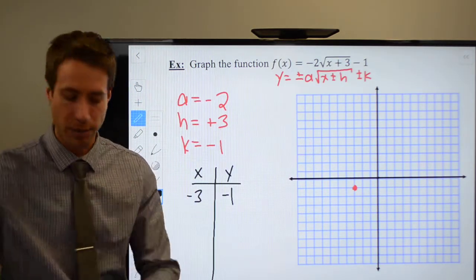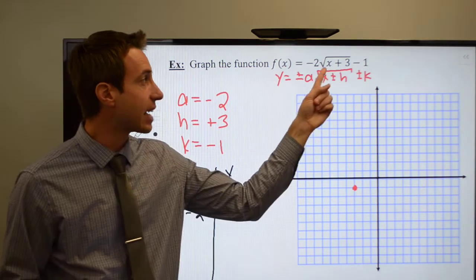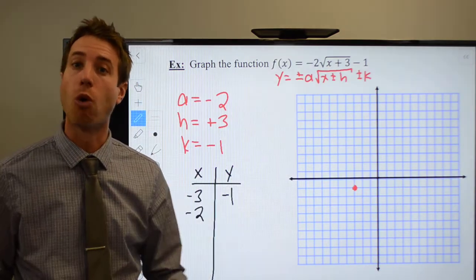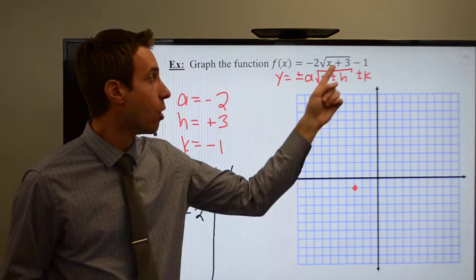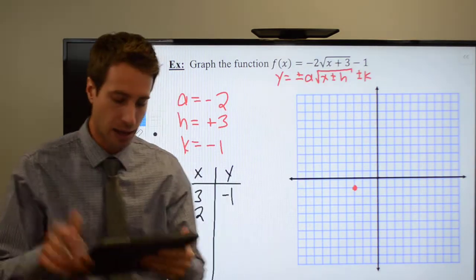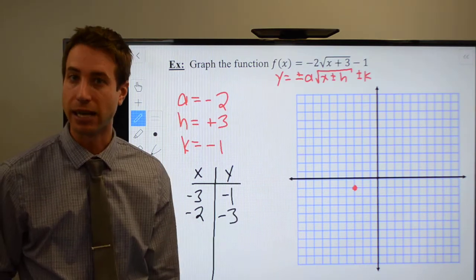Well, you guys can probably pretty easily tell you're going to do a -2. If I plug in a -2, -2 plus 3 is 1. The square root of 1 is 1. 1 times a -2 is a -2, and -2 plus a -1 is -3. So my next point is going to be -2, -3.